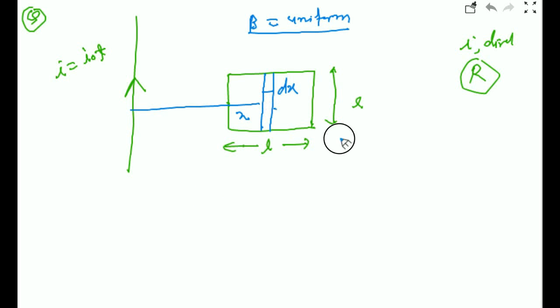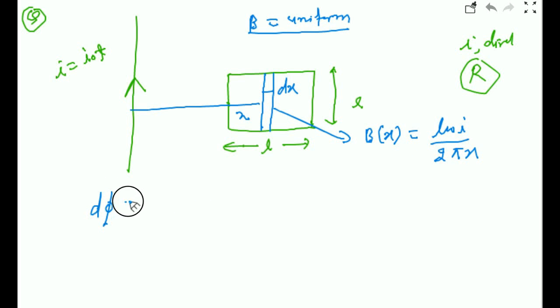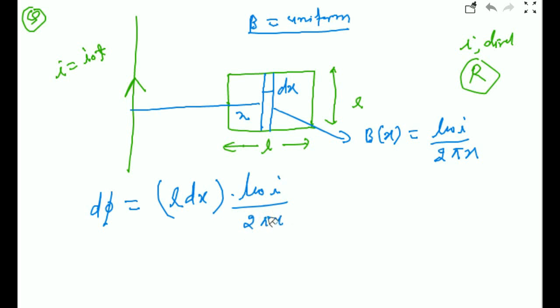The magnetic field at this point is B at x equal to mu naught I by 2 pi x. Then the flux through this small strip, with area L into dx, will be the area into the magnetic field mu naught I by 2 pi x. Now integrate from A to A plus L, where this distance is given as A.